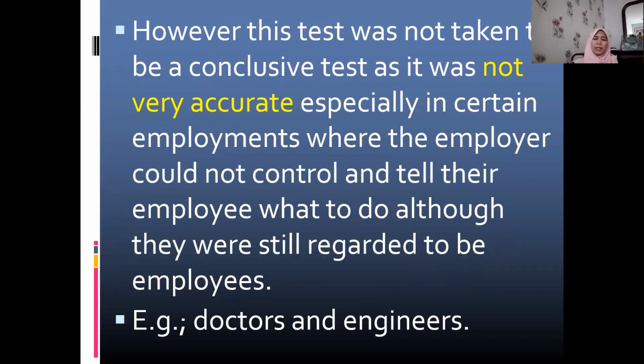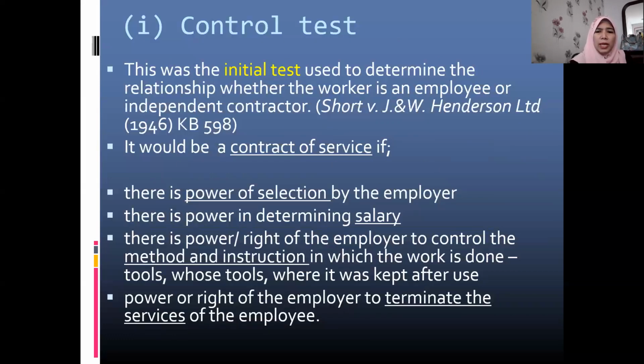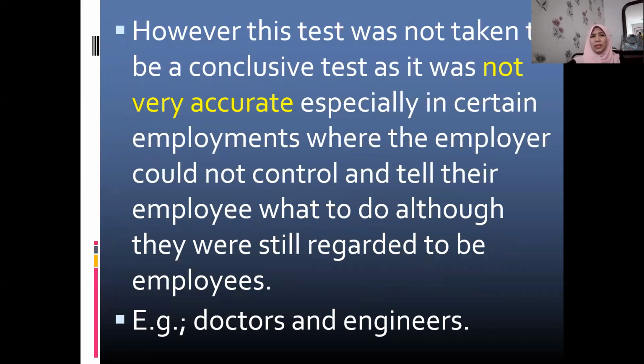But as time goes by, because initially the test was established in 1946, later it was found that actually the test is not so accurate. It's not really conclusive, especially whenever employment involves an element of control which is so minimal, whenever the employer cannot control and dictate to their employee what to do, although they are still employees.